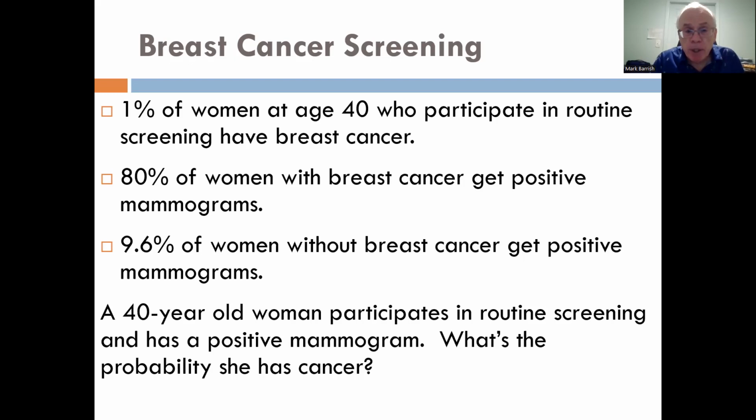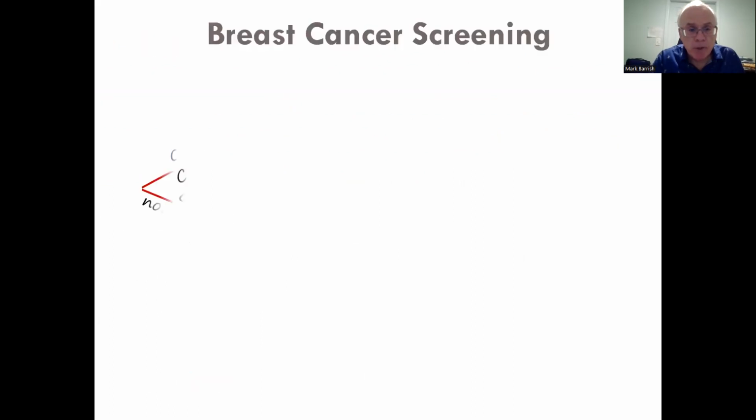So that's the probability that they have breast cancer if they're involved with screening. 80% of women with breast cancer get positive mammograms. 9.6% of women without breast cancer get positive mammograms. So let's just look at the 1%, and go back to the tree diagram.